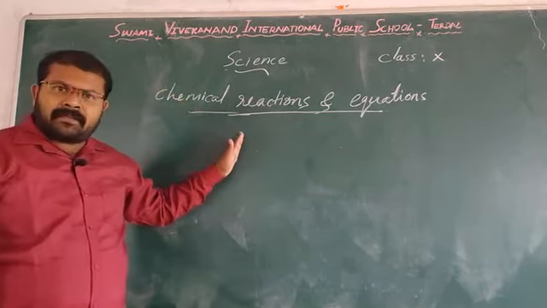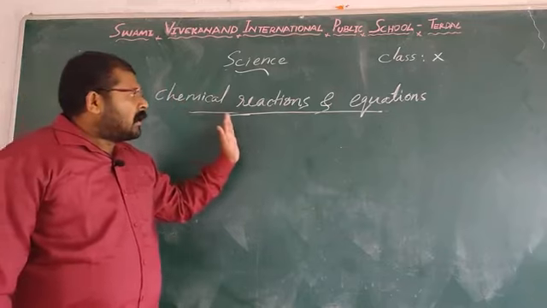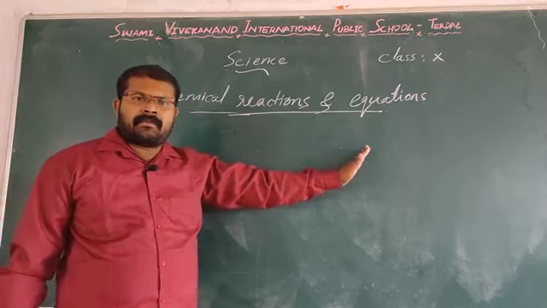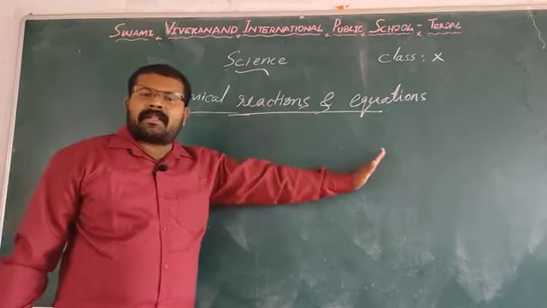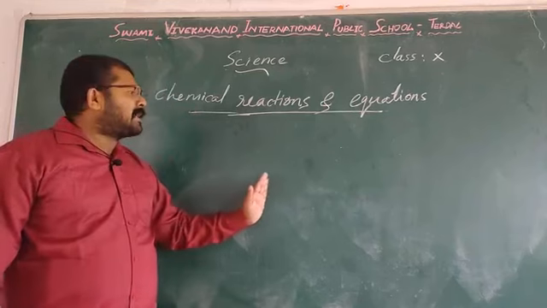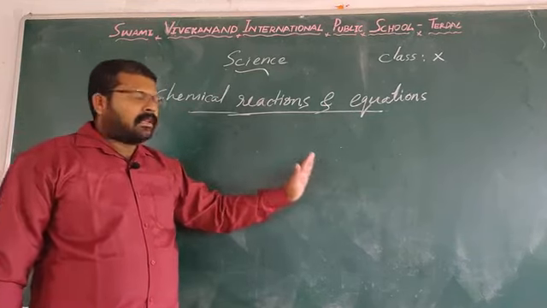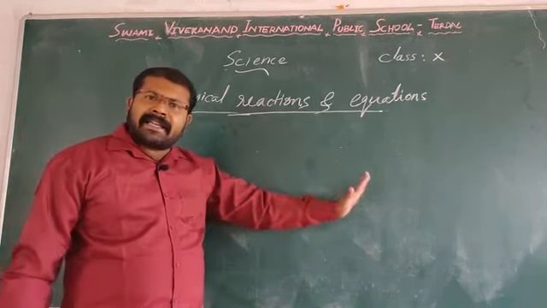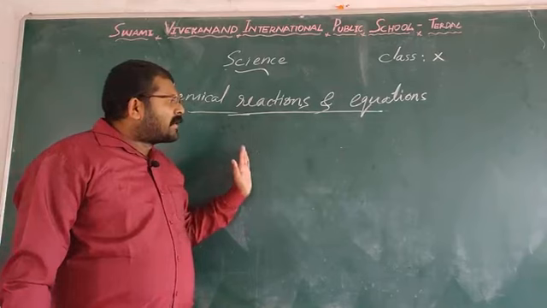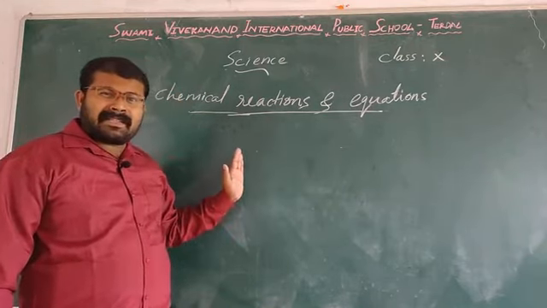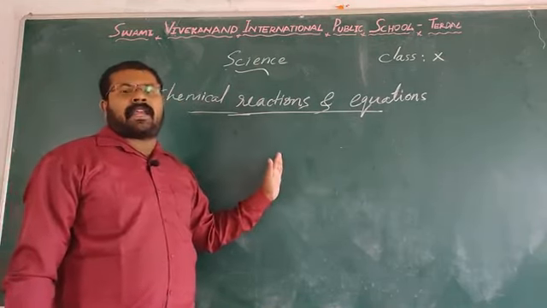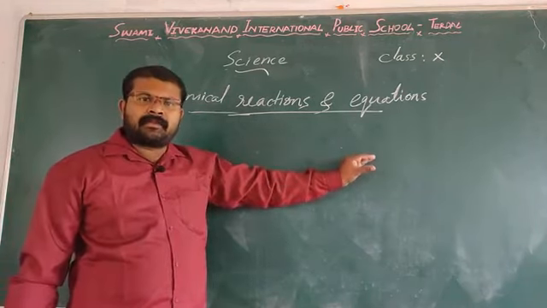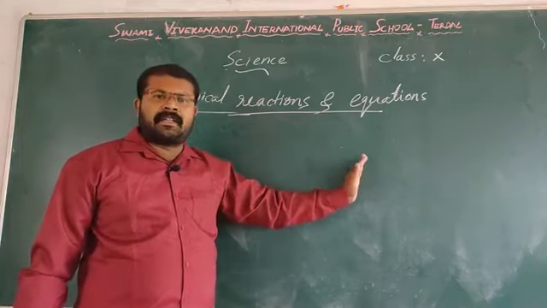There we are mainly dealing with combination reactions, decomposition reactions, displacement reactions, double displacement reactions, exothermic reactions, endothermic reactions, oxidation reactions, reduction reactions and redox reactions, along with a small part regarding corrosion and rancidity.